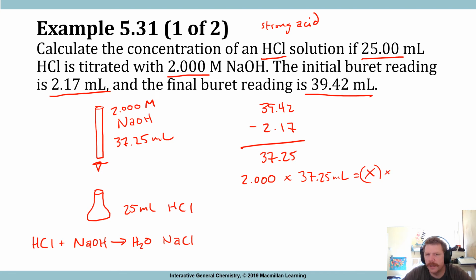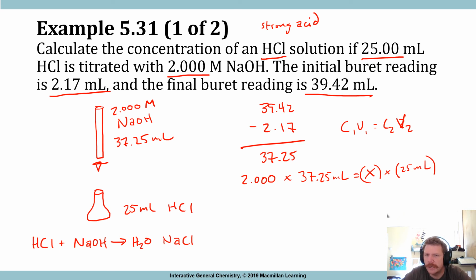We're going to multiply that by the volume of HCl, which is 25 milliliters. So essentially what we did here was C1V1 equals C2V2. This is similar but different from a dilution calculation, but we use the exact same setup.